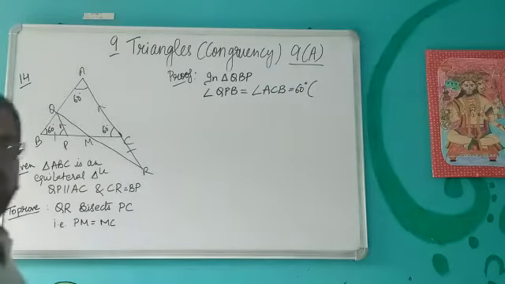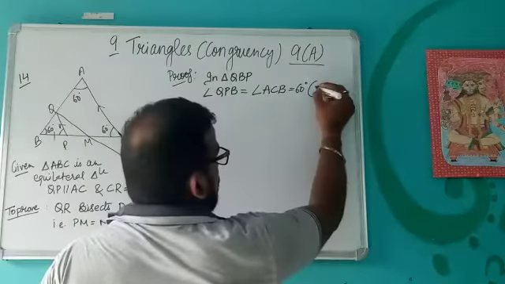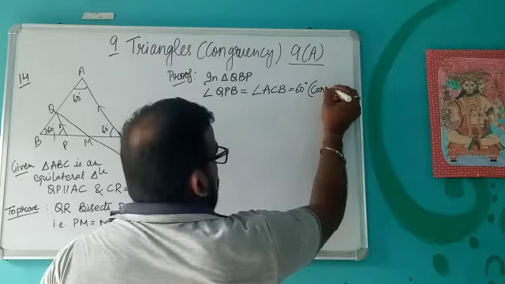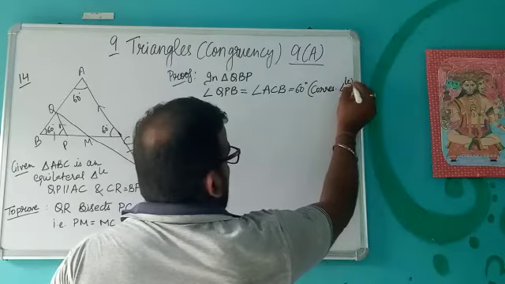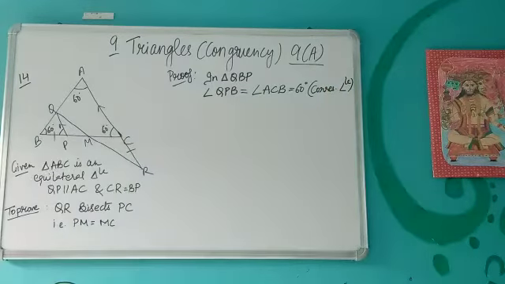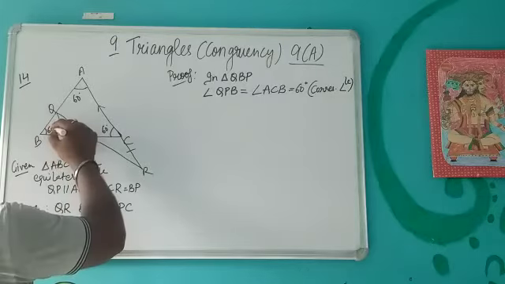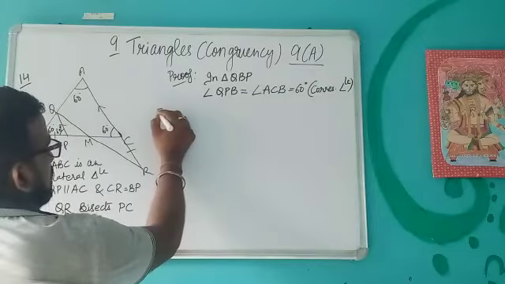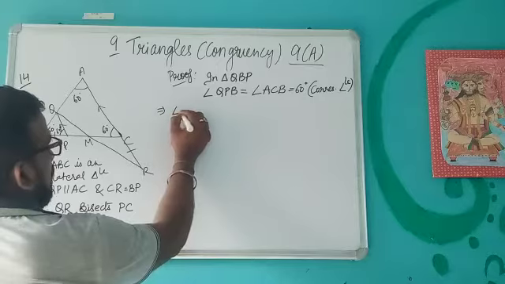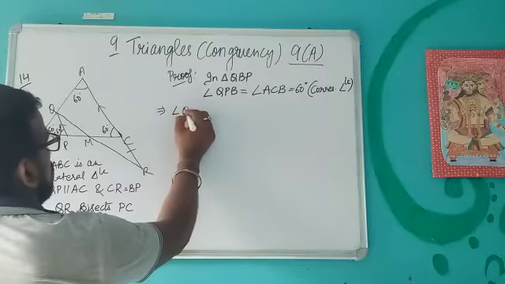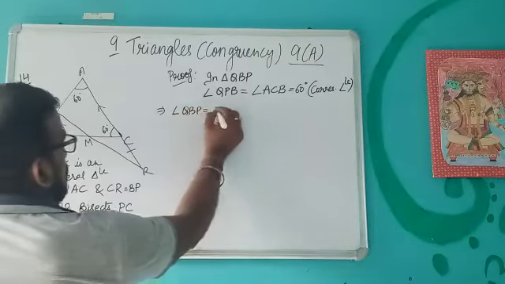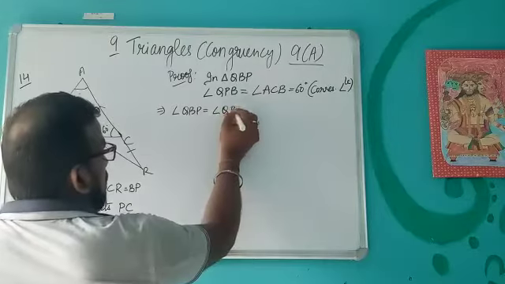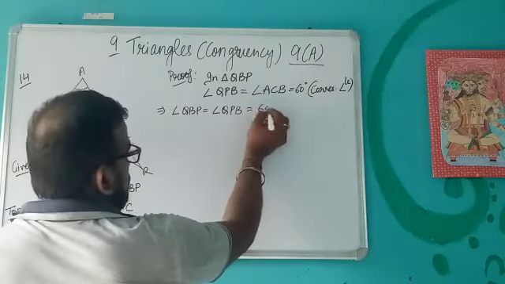They are forming a pair of corresponding angles. So this is also 60, which implies angle QBP is equal to angle QPB equals 60 degrees.